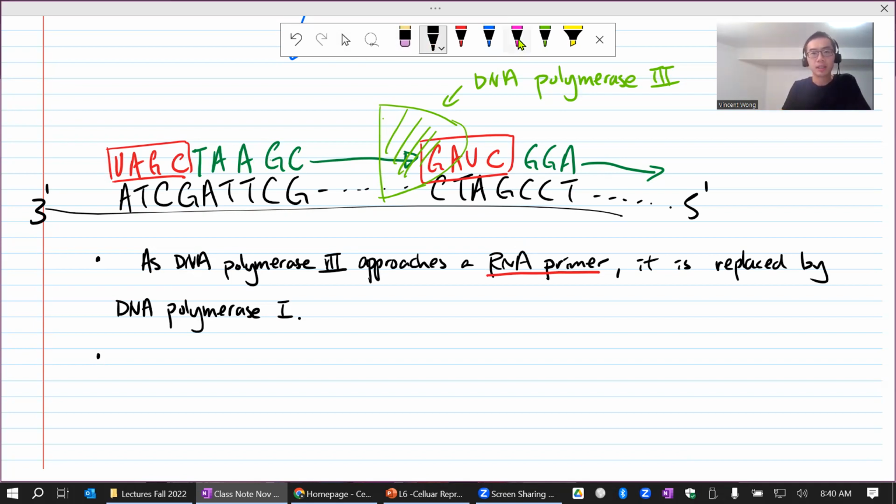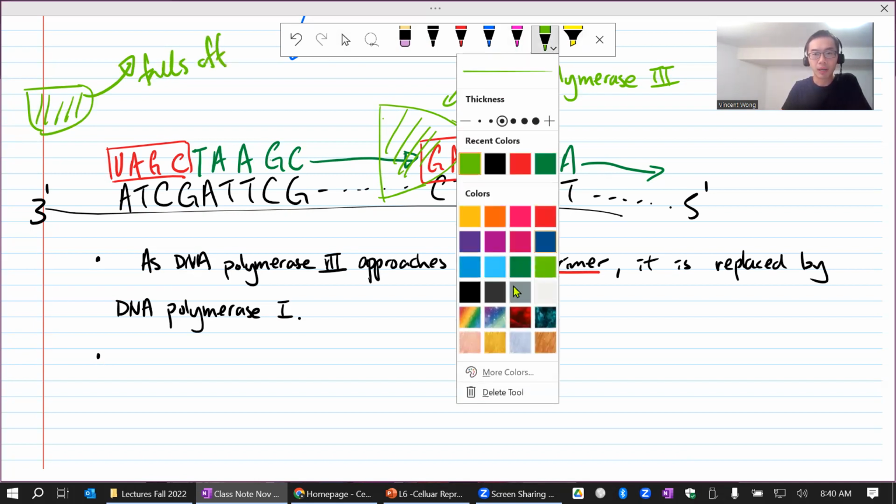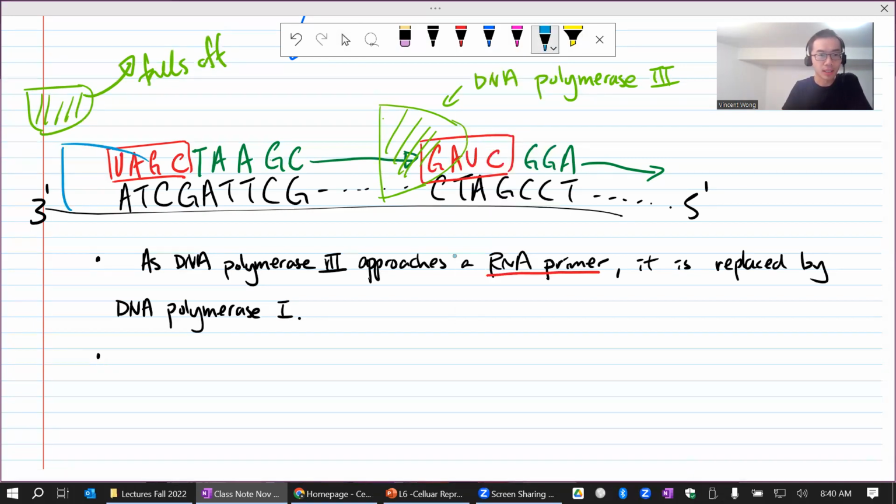I guess I can draw it. Like over here, you would have a DNA polymerase 3 that just falls off, and then you can have polymerase 1 coming up, whatever color you want to use. So this is polymerase 1 now.